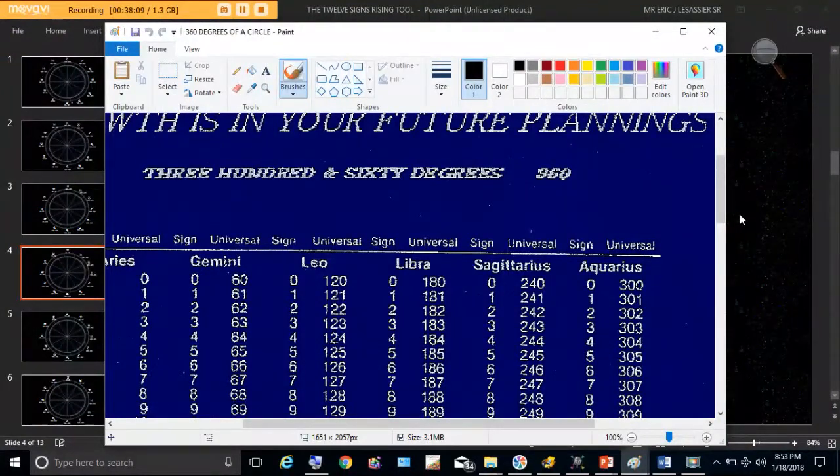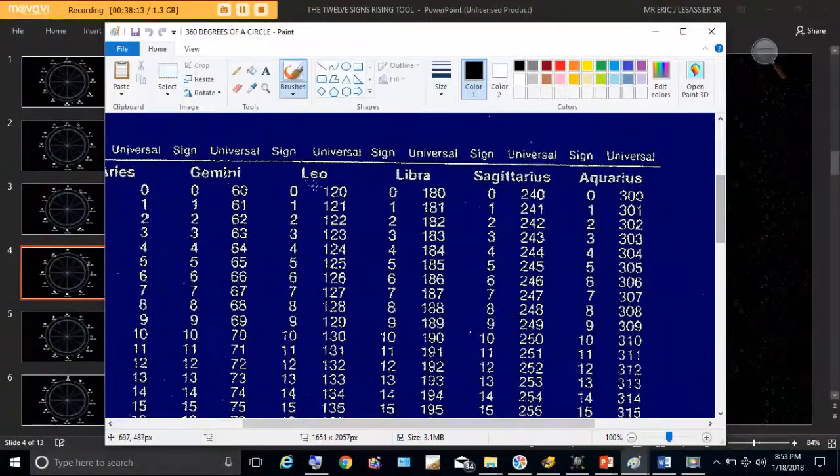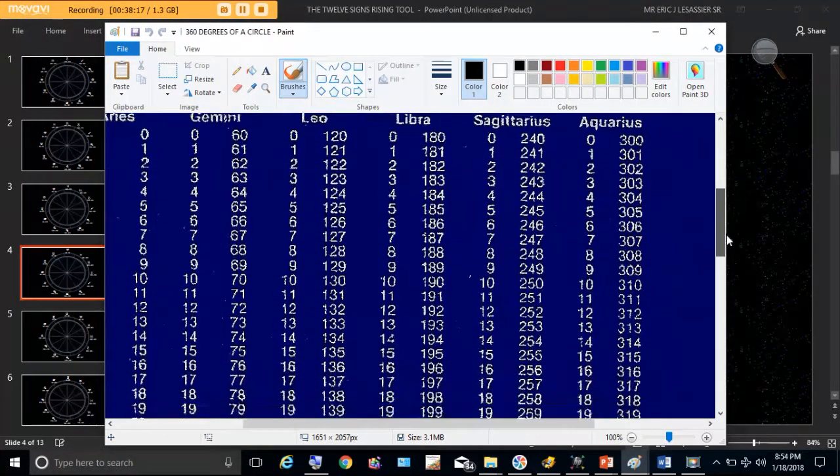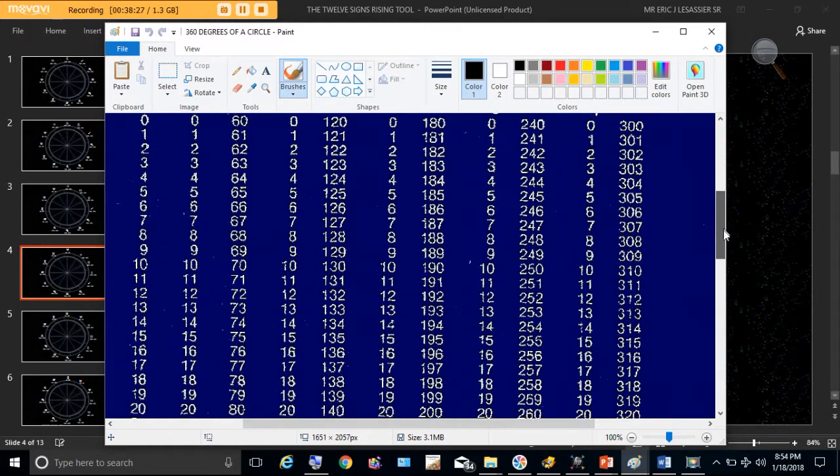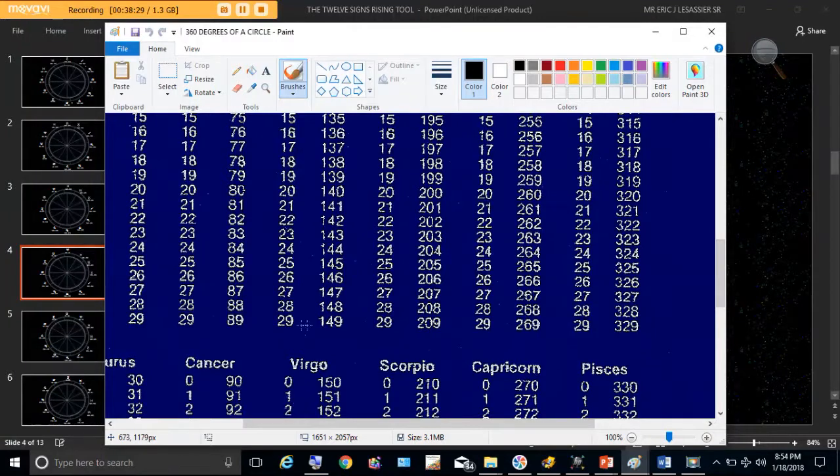Yeah. Okay, so here it is at Leo at 120, and then it goes through 29 degrees, because it starts at 0 equaling 120 on the 360 degree chart, and that 29 degrees is 149 on the universal 360 degree chart.